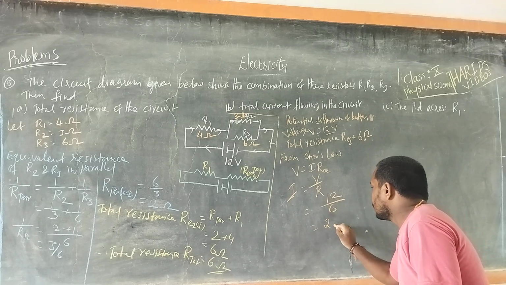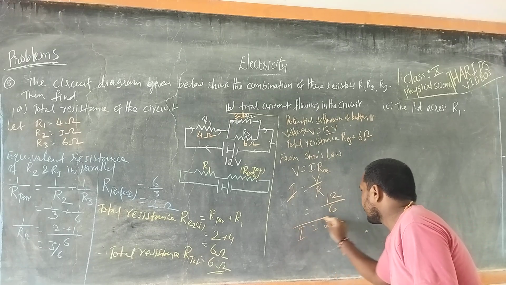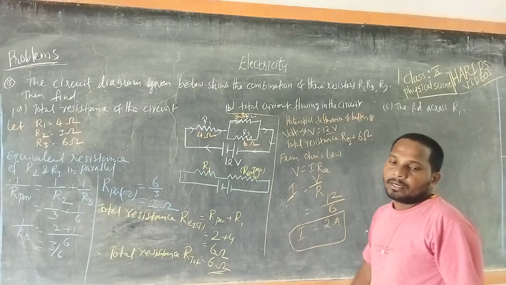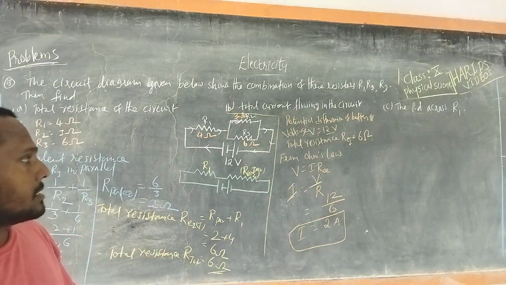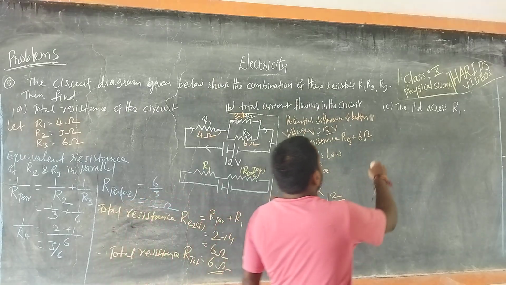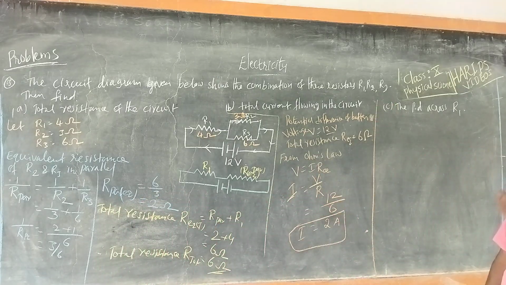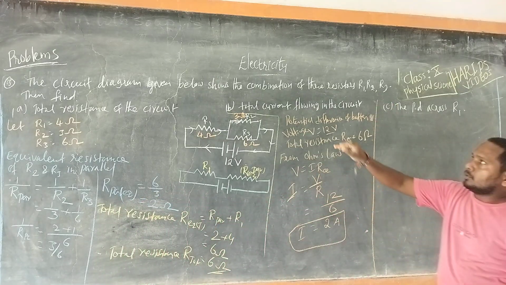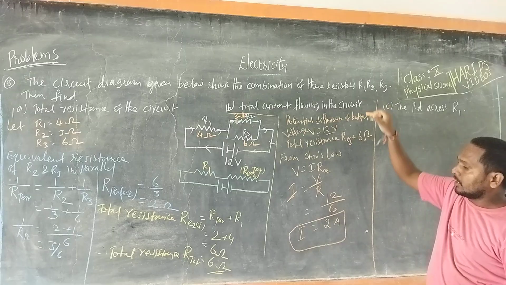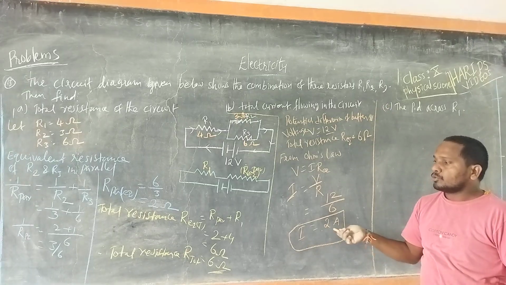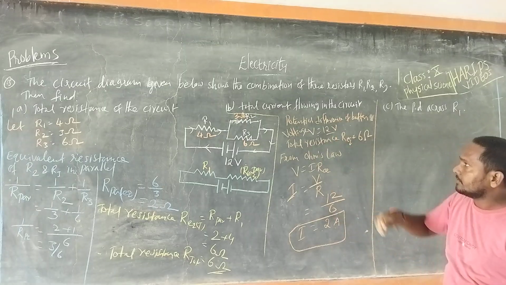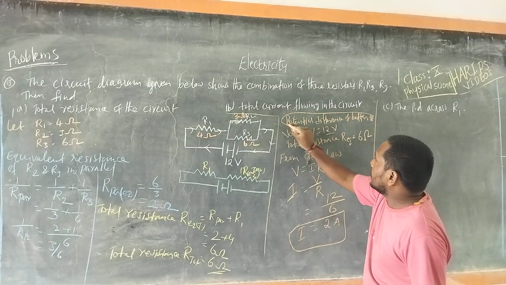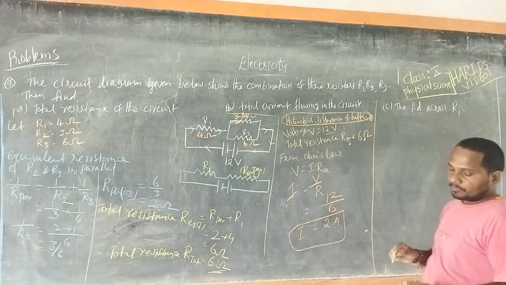That is equal to 2 amperes. 2 amperes of current is flowing through the circuit. The total current flowing in the circuit, I is equal to 2 amperes.